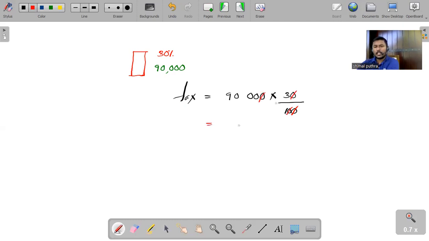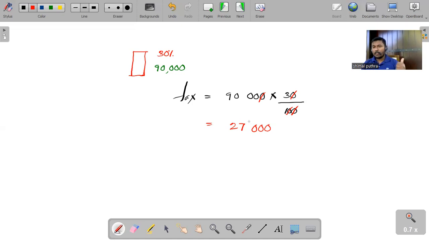So 9 into 3 is 27, and then the zeros. So if we import a phone worth 90,000 to Sri Lanka, I have to pay 27,000 as tax. Then I bring this to Sri Lanka to sell to anyone. So what is the actual cost?